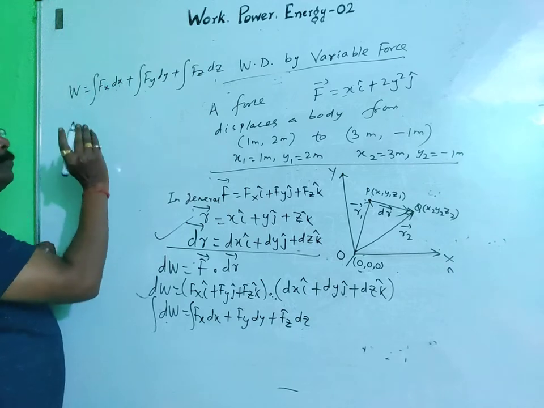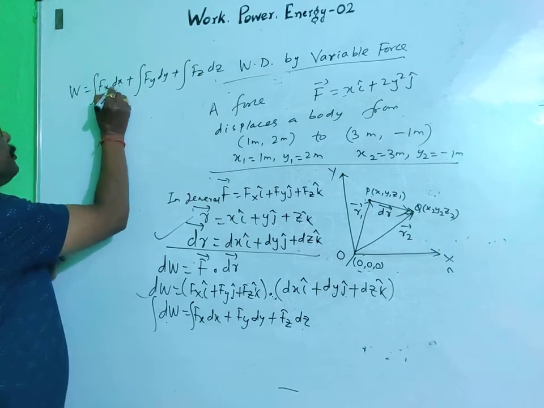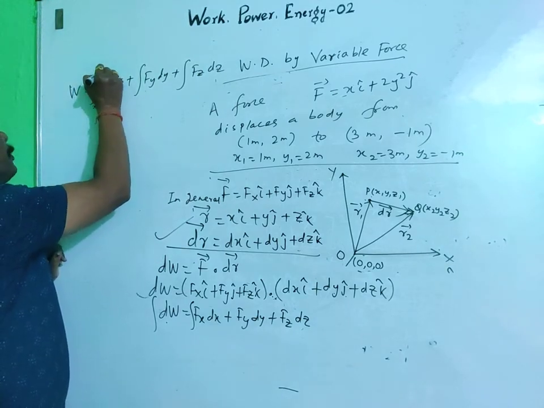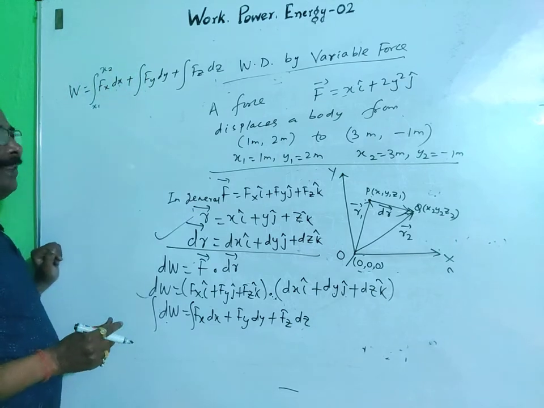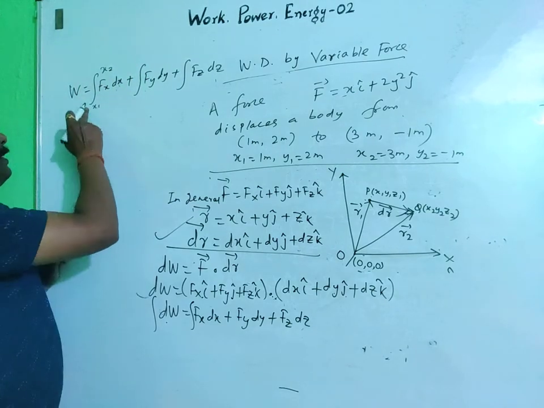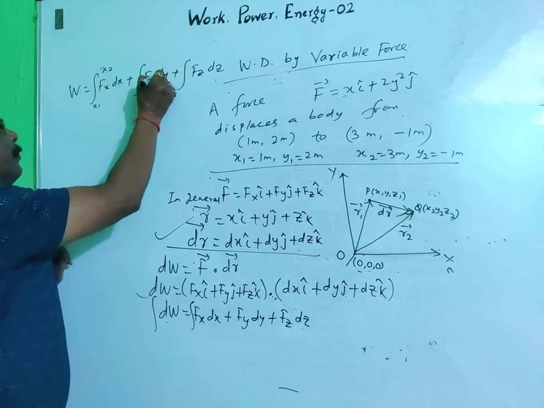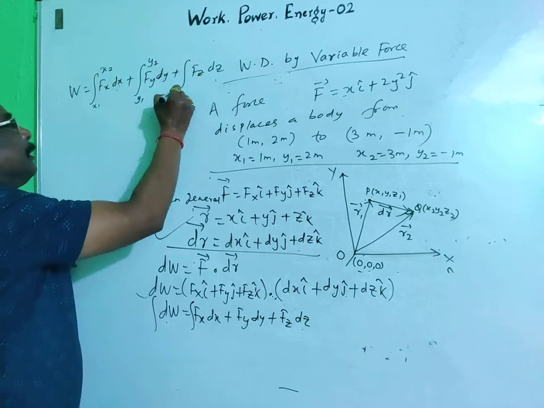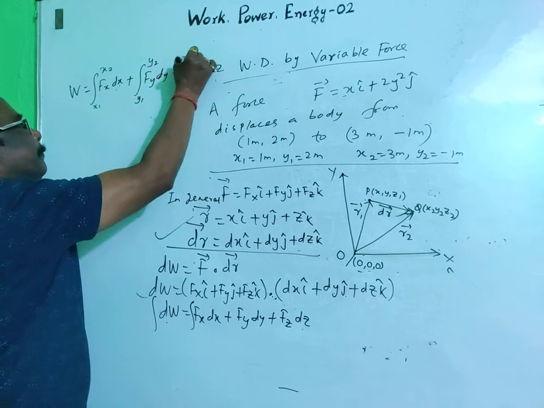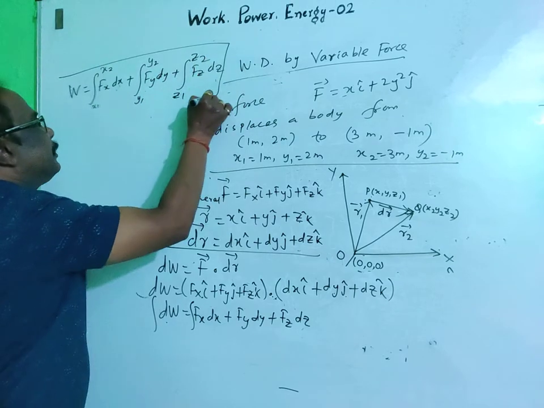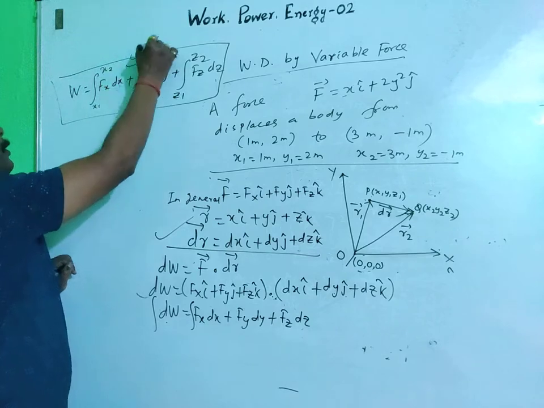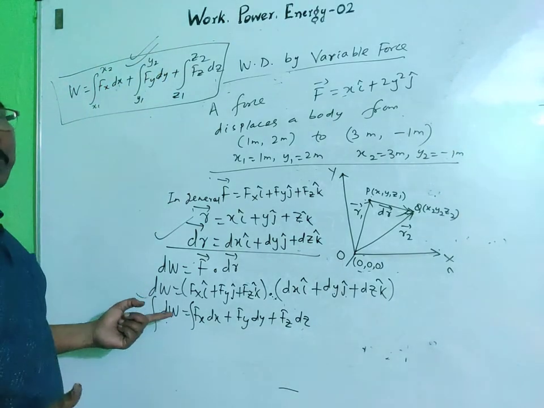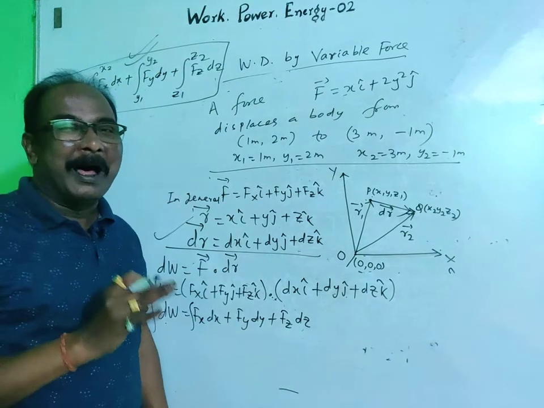If you want to put limits, the displacement along the x-axis is from x1 to x2. Similarly, in the y-axis, displacement is from y1 to y2. In the z-axis, displacement is from z1 to z2. This expression, you should keep it in your mind. We'll use this now itself.